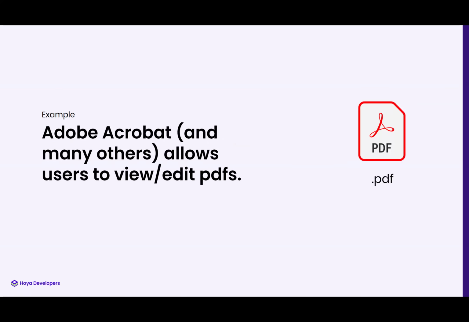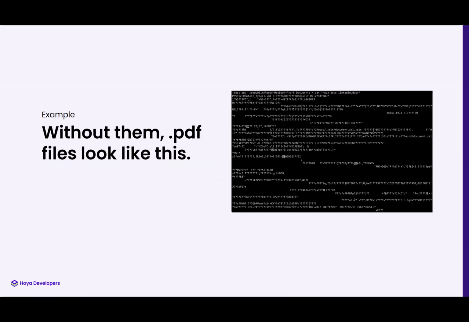Another good example of this is if you have a PDF, you would use something like Adobe Acrobat, or you might be able to just open it in Chrome, but you'd use a viewer for that file type. Again, if you try and open a PDF, much like a docx, it's just gibberish.